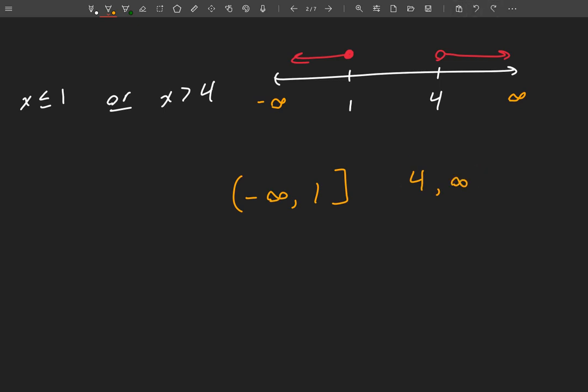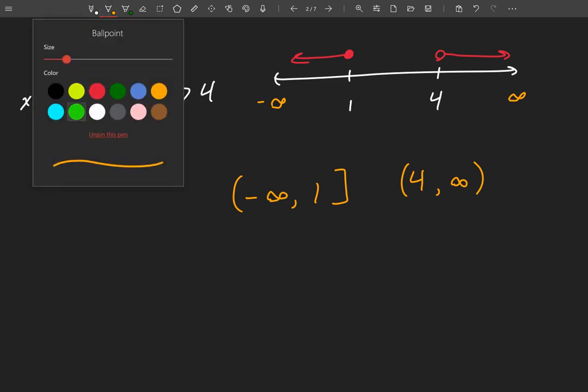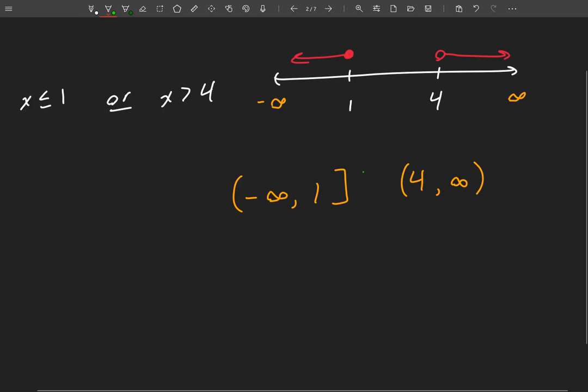Let me draw that a little better. Not included. And we need something to say that these two intervals are connected. In other words, this is one thing that we're talking about. We're not talking about these as two separate problems. So there's this symbol that we're going to use. You may or may not have seen it before.